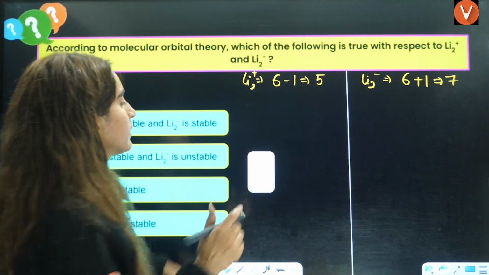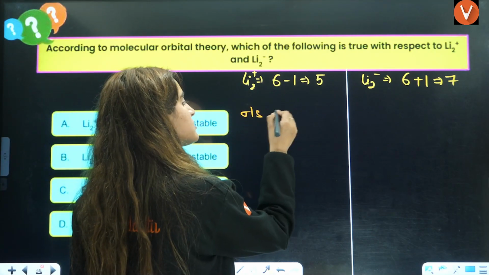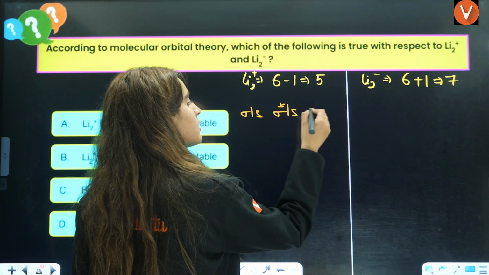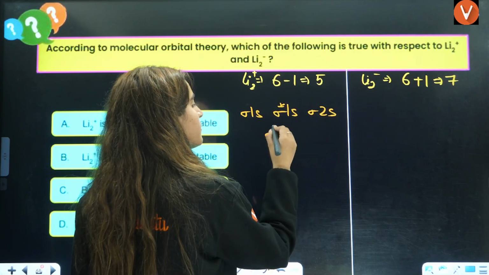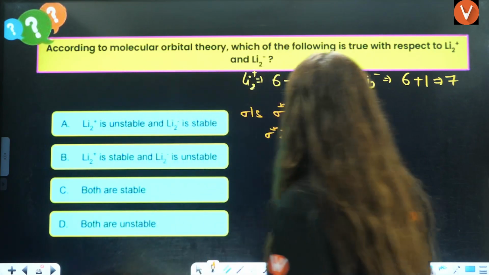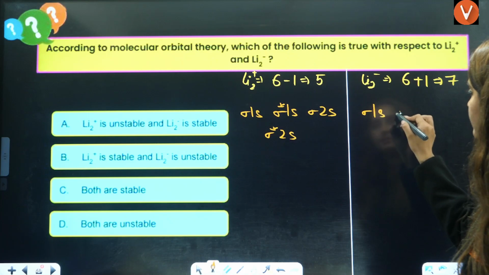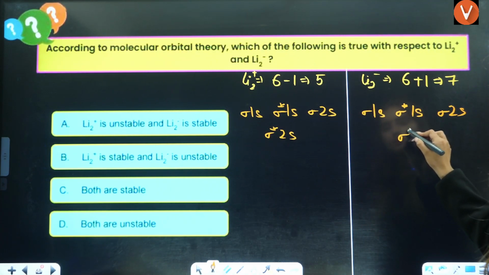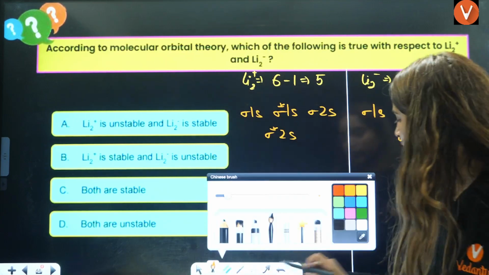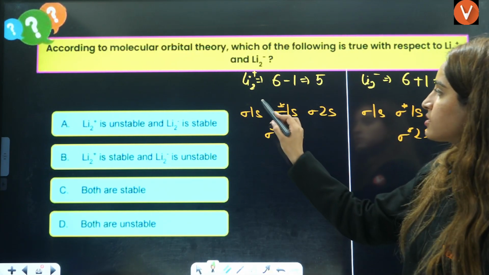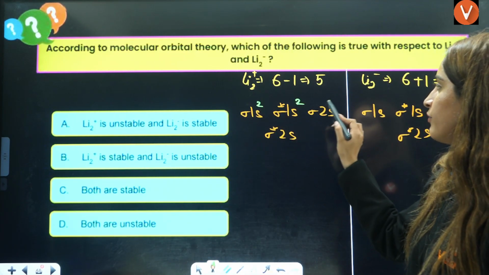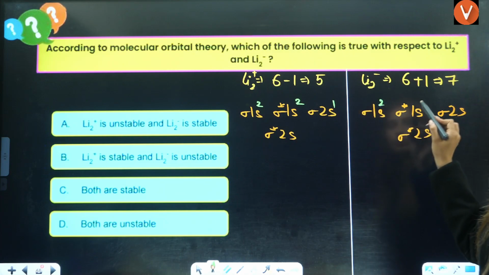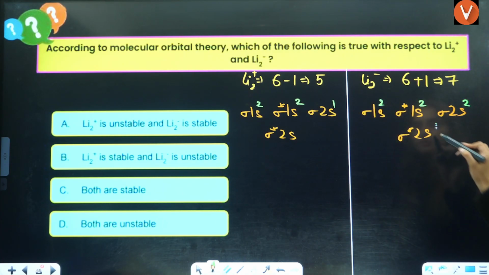If you write all the electronic configuration: sigma 1s, sigma star 1s, sigma 2s, sigma star 2s. Similarly, write it here. Sigma 1s, sigma star 1s, sigma 2s, sigma star 2s. Now fill the electrons. 1, 2, 3, 4, 5. 1, 2, 3, 4, 5, 6, 7.